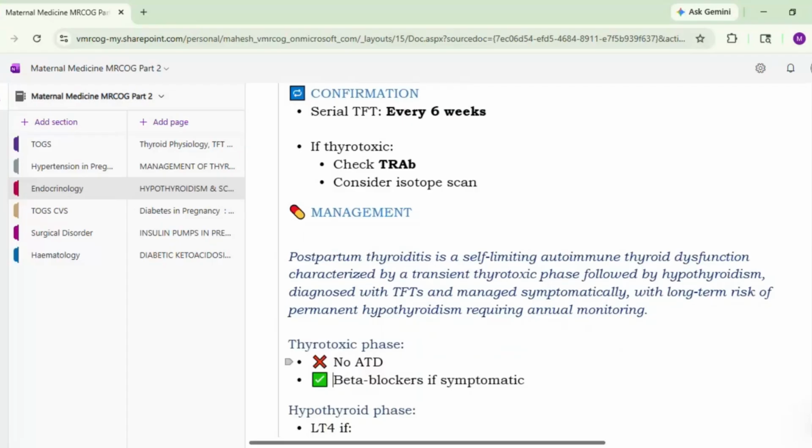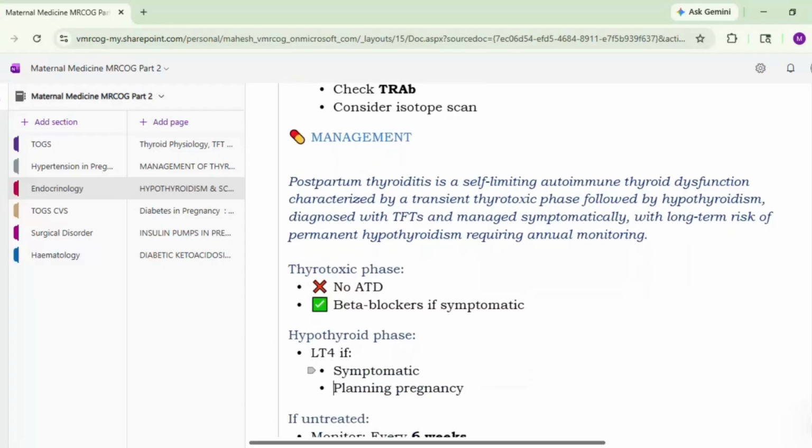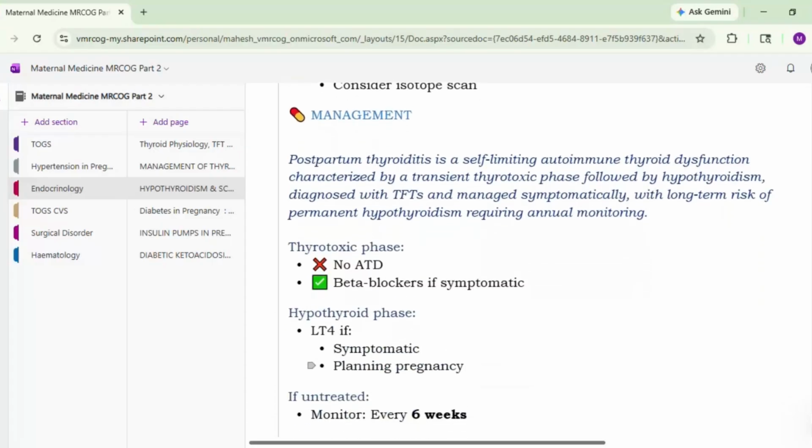So if the patient is in the thyrotoxic phase, antithyroid drugs are not required, but you will treat them with beta blockers for symptoms. So postpartum thyroiditis happening within 1 year, she is in the thyrotoxic phase. In the first phase you are detecting, antithyroid drugs are not required, but beta blockers will be required. But if she is in the hypothyroid phase, then LT4 will be required if she is symptomatic or if she is planning pregnancy.